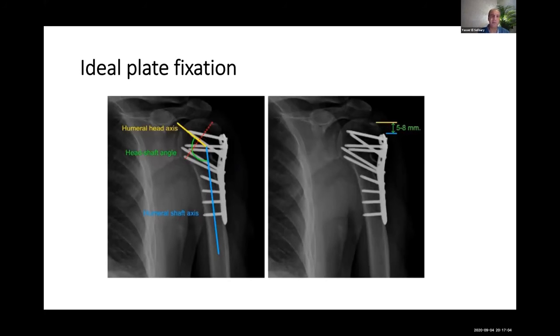First of all, you should correct the head shaft angle and restore the medial cortex. The screws should be hitting the medial cortex and distributed so that they have a firm grip on the head. The plate should not be too high to cause impingement. There should be a space between the tip of the head and the tip of the plate.